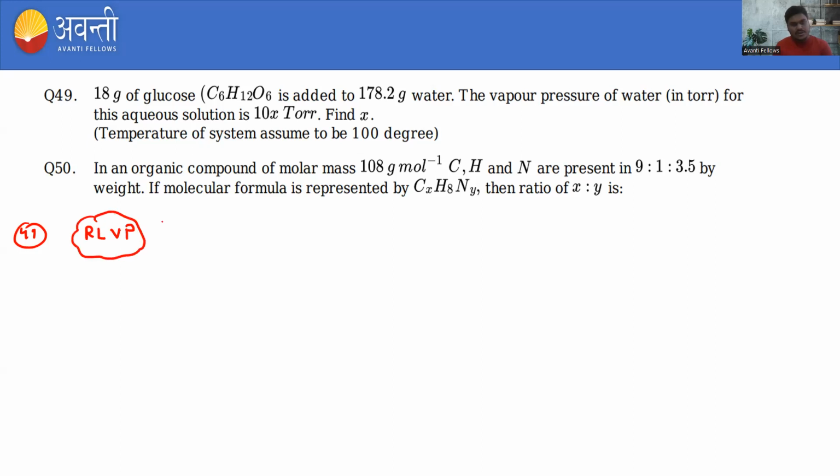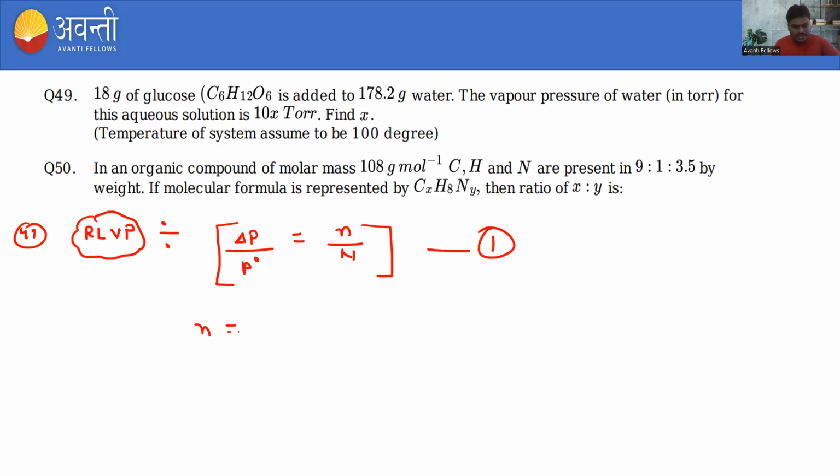The formula for relative lowering in vapor pressure is delta P upon P naught is equal to the number of moles of solute upon the number of moles of solvent. So this is the formula we know. How will you calculate the number of moles of solute and solvent?